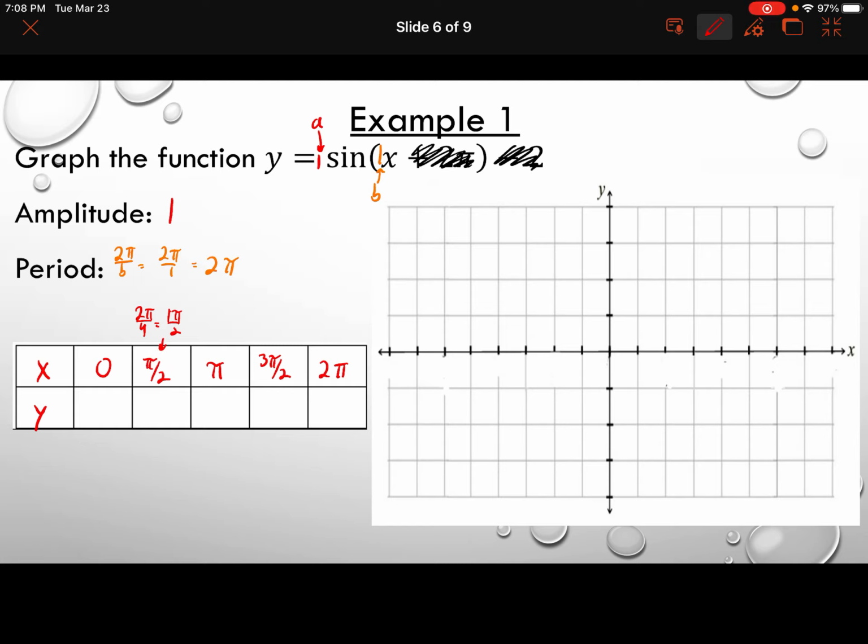And then to find the next x value, we would take what we just got and multiply it by 2, which would give us 2 pi over 2, which would just reduce to pi because the 2's would cancel out. And then to find that fourth x value, we would take that second x value, pi over 2, and multiply it by 3 this time, which is why it would turn to 3 pi over 2.